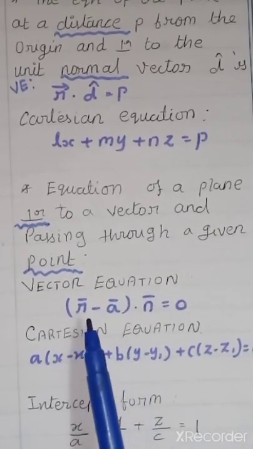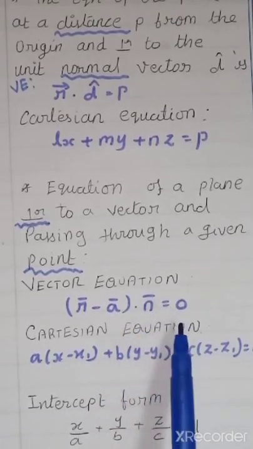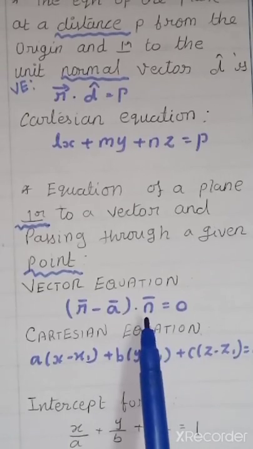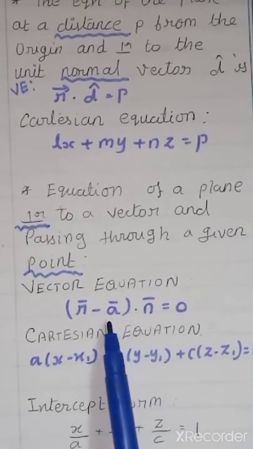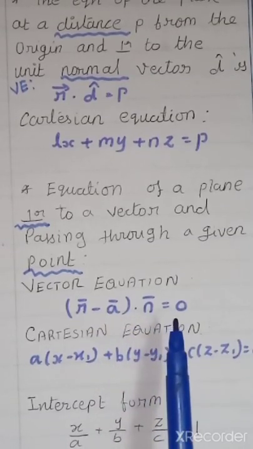What is your n? n is a normal and a is a point. So (r minus a) dot n equal to 0.